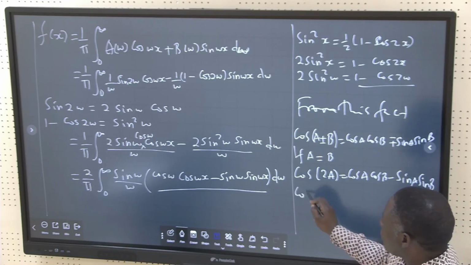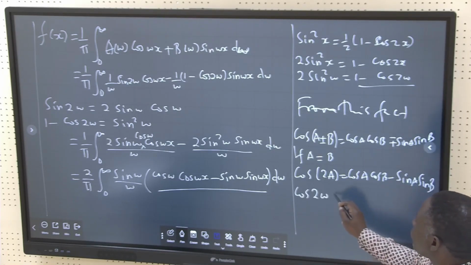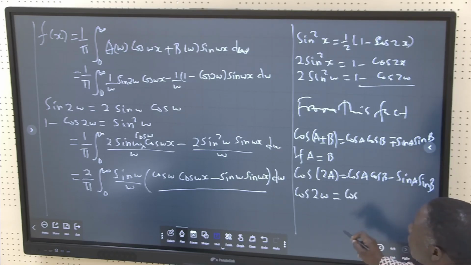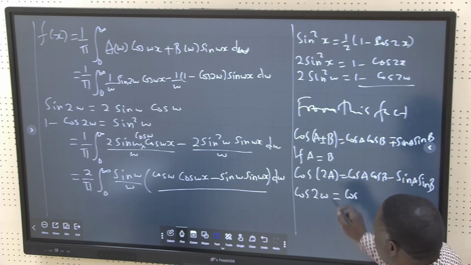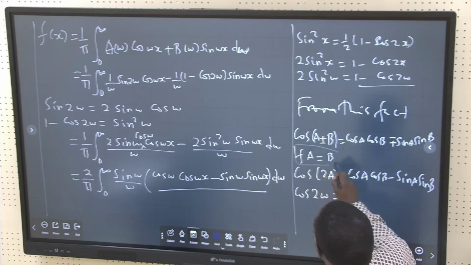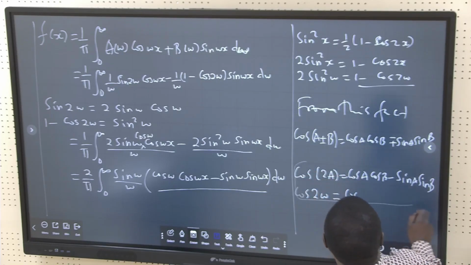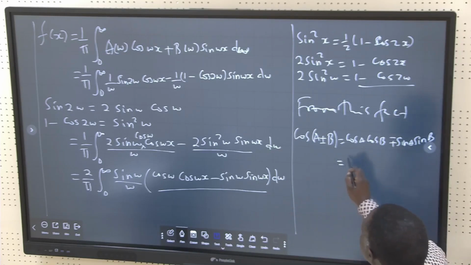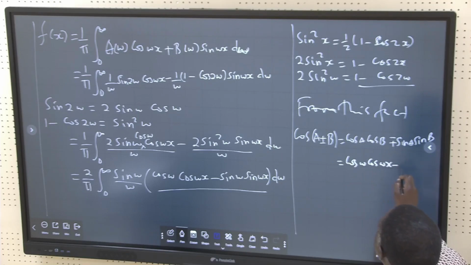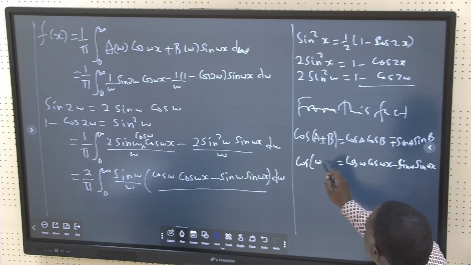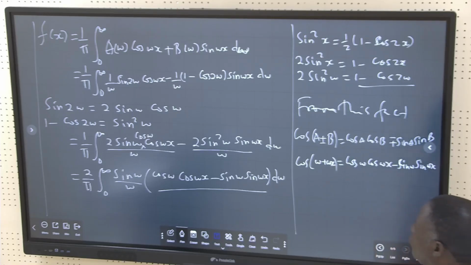So if we have cosine ωx minus sine ωx, here we'll have cosine of ω plus ωx. This is what we have here.